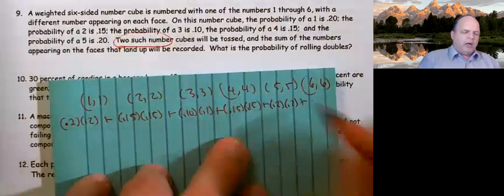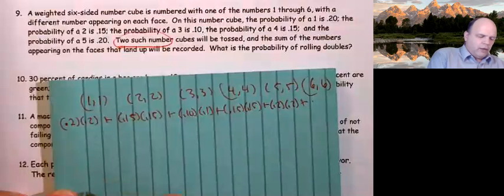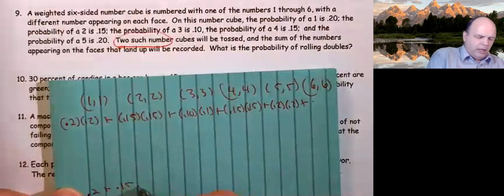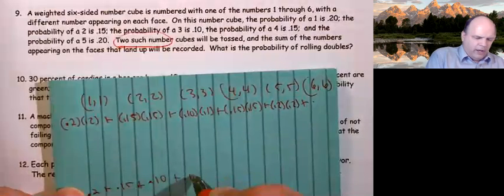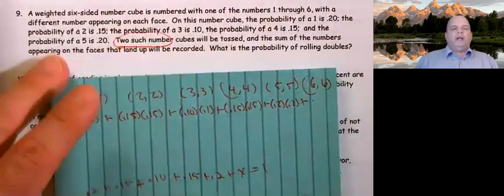But I have a problem. I don't know what the 6 is. So let's do this. 0.2 plus 0.15 plus 0.1 plus 0.15 plus 0.2 plus x, that's the probability of 6, has to add up to 1.